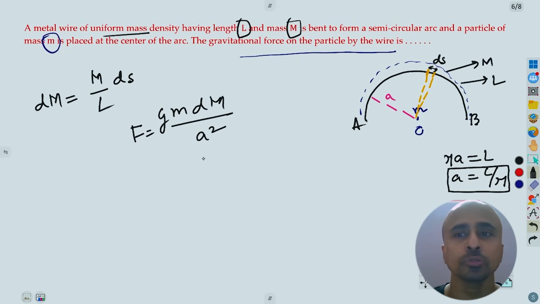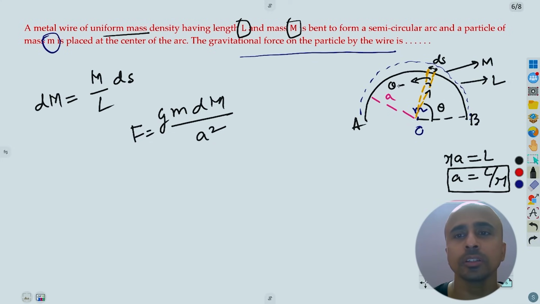This is a magnitude, but it's a force. We cannot stick to magnitude, we need the direction also. So what is the direction? Let's say this is the direction. If this is theta, then it will be theta plus d theta. Let's write it in this.